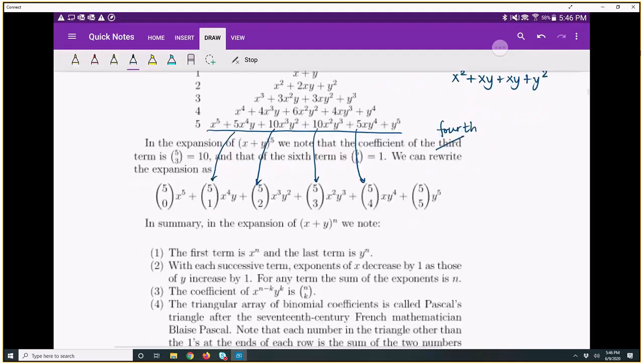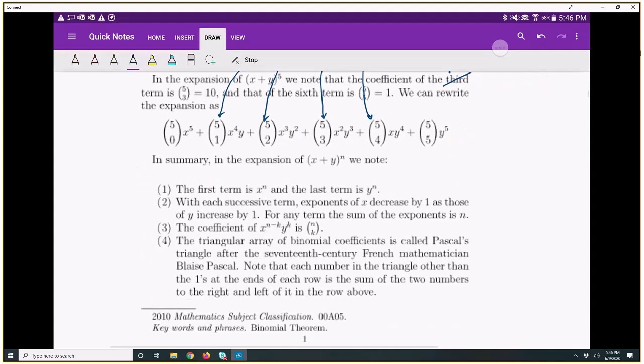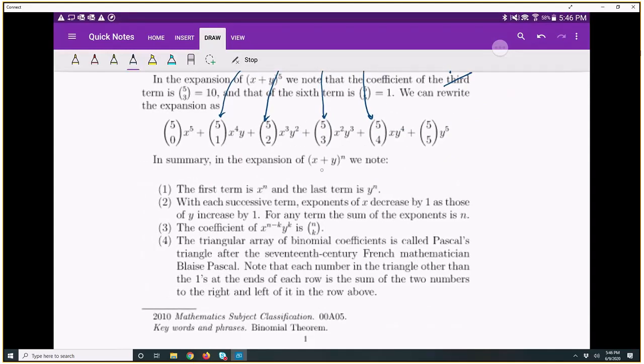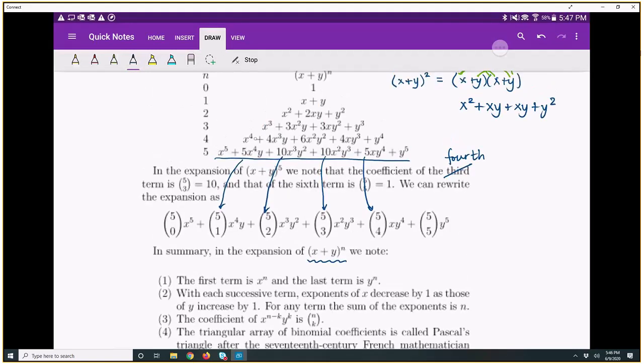So in summary, in an expansion of the form x plus y to the power n, the first term will be simply x to the n, just like we had here, x to the power 5, or x to the power 4, or x to the power 3. And the final term will be y to the power n.